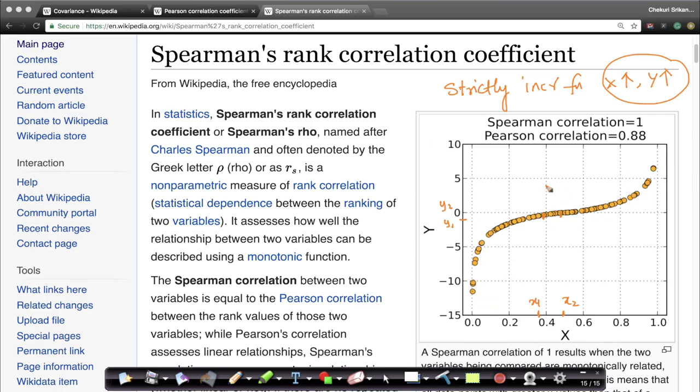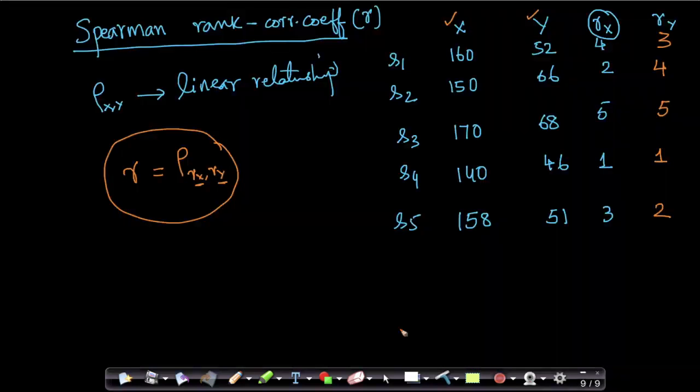Now in such a case, as x increases, your y also increases. So whether your relationship is linear or not, as long as y increases when x increases, doesn't matter whether it's linear or not, right? Your rank correlation coefficient is going to be 1.